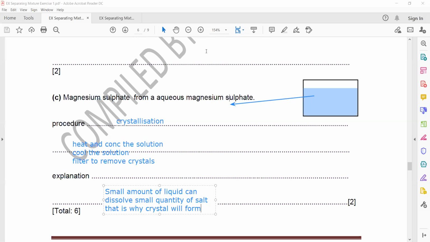First we have a container filled with a salt solution, and we supply heat energy. When we heat this, the amount of liquid will reduce. As the amount of liquid reduces, a small quantity of solution can dissolve only a smaller amount of salt. So the salt which was originally dissolved, the crystals of the salt will reappear.